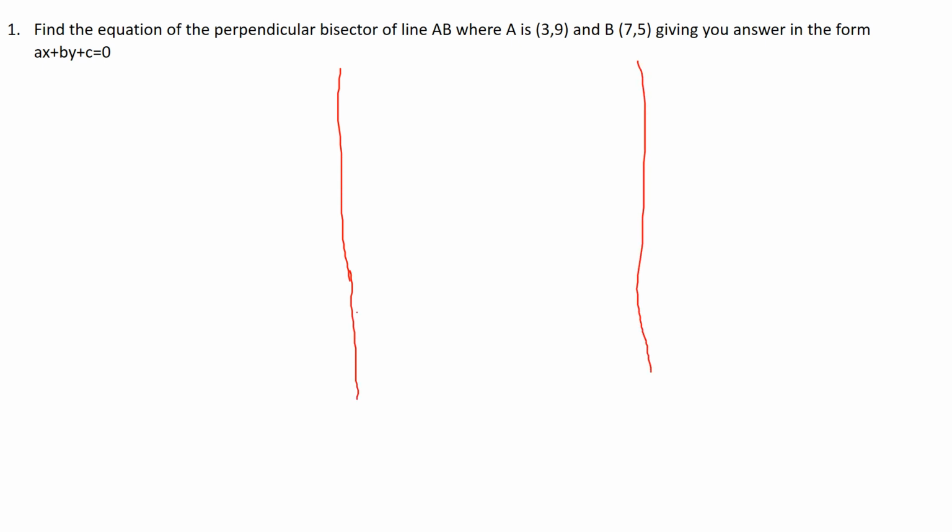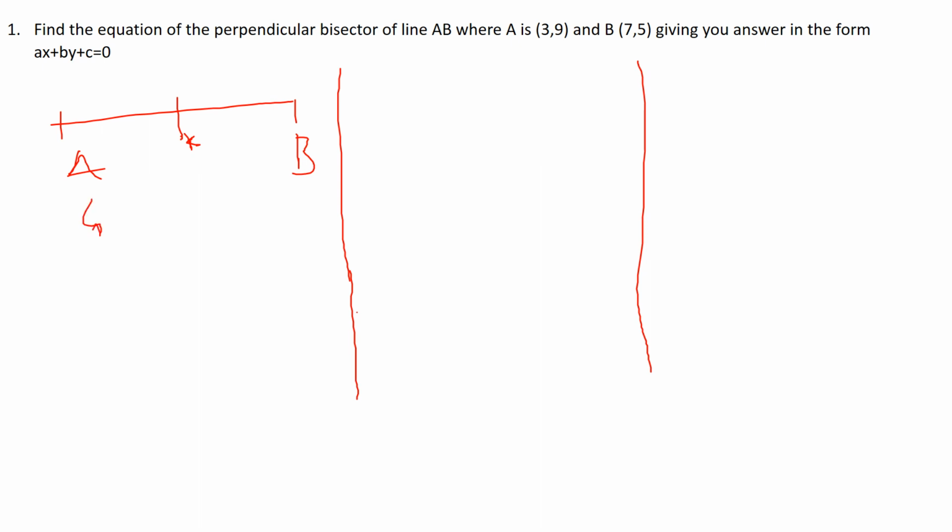We know that if, for example, we have this line with ends A and B, the perpendicular bisector will pass through the middle there. And for us to get that, we need first of all to get the equation of the first line, which is AB.